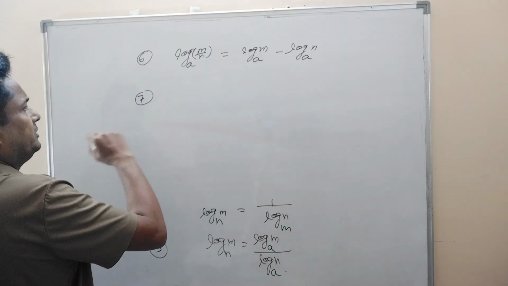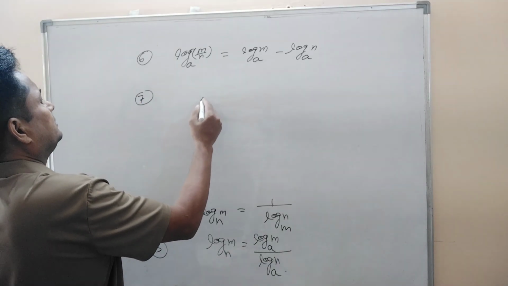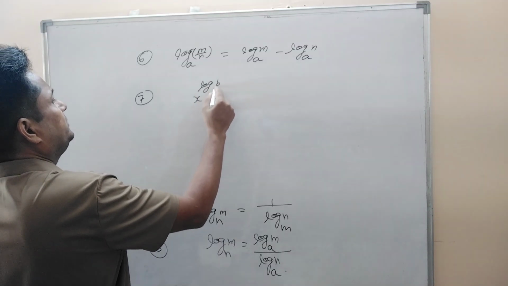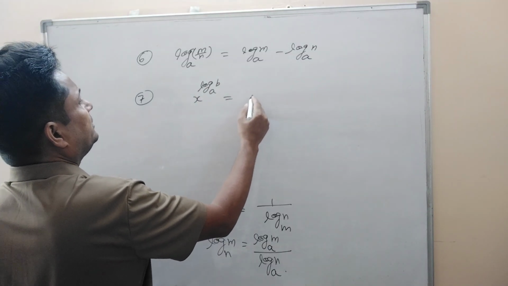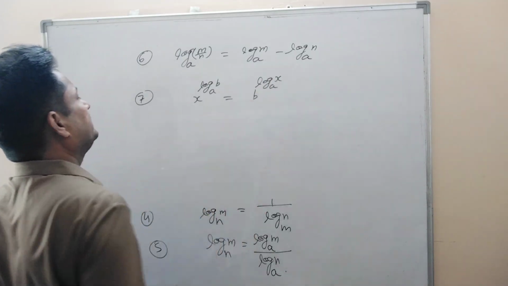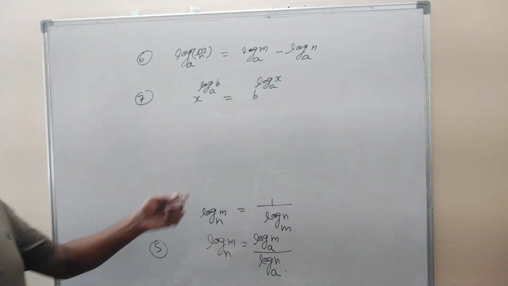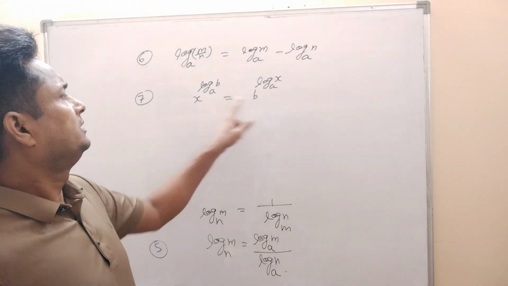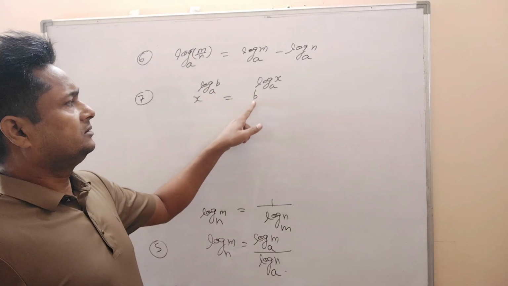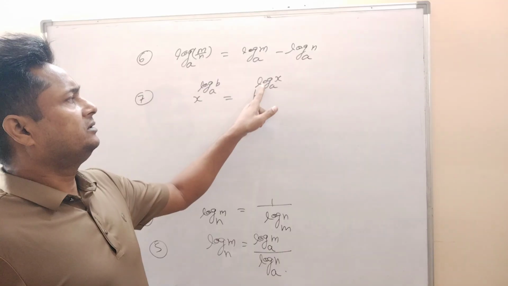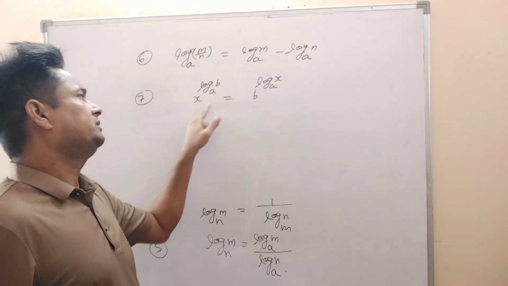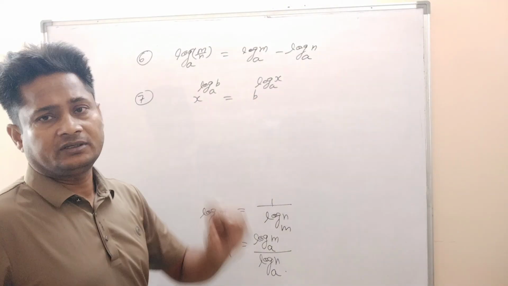Now seventh property is here: x to the power log of b base a can be written as b to the power log of x base a. This can be written like this one, or this can be written like this one.